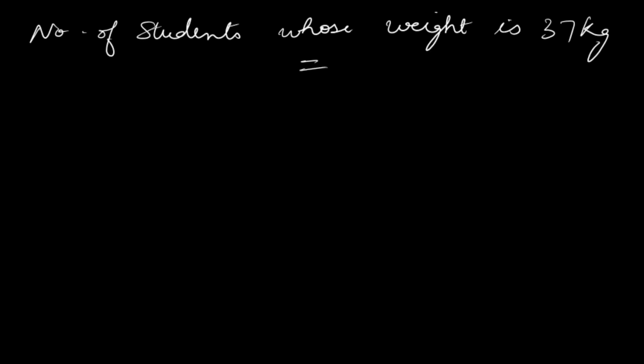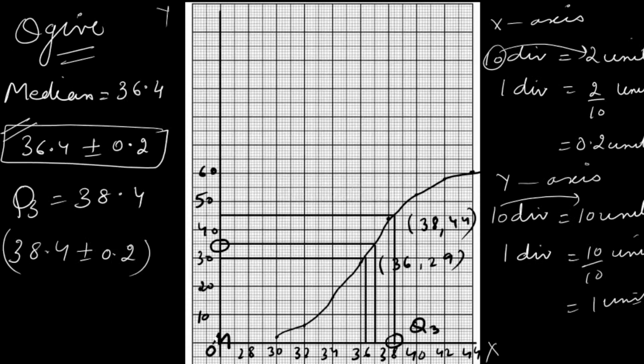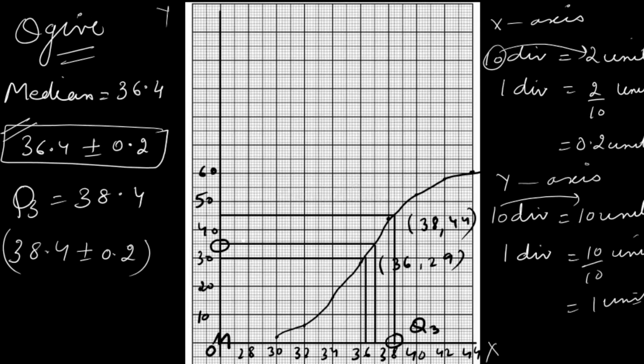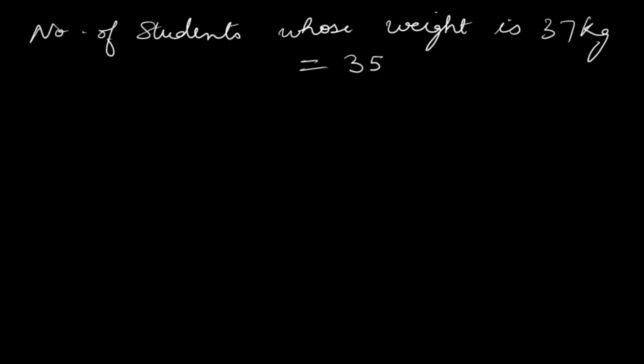I am getting this point on 35. I'm not sure because my graph might not be accurate, but I'm getting 35. Plus minus 2 units is acceptable on this graph scale. So 35 students have weight 37 kg.